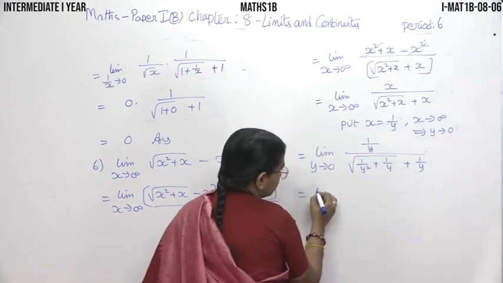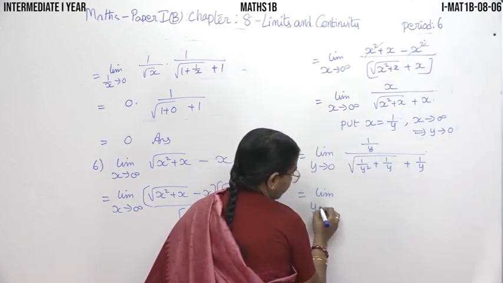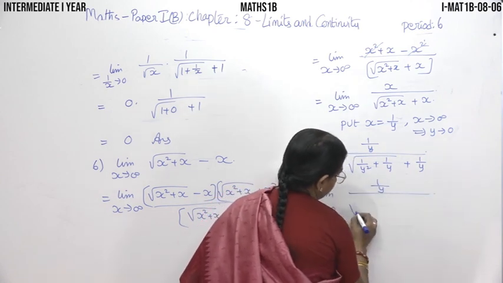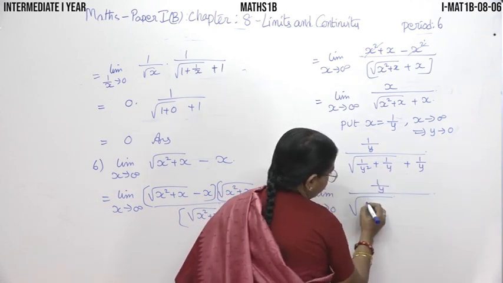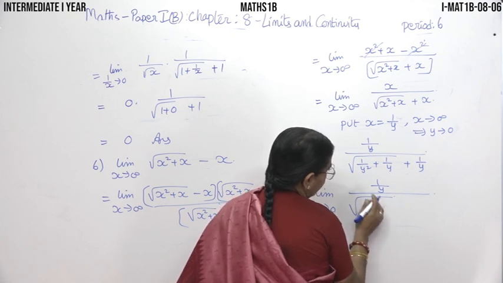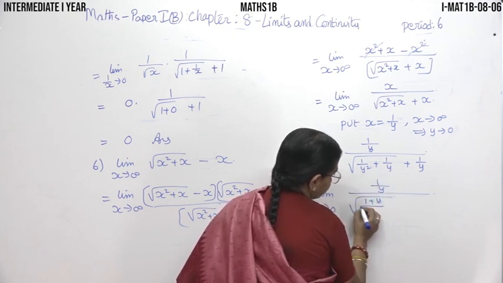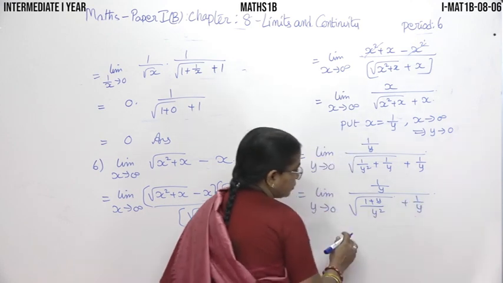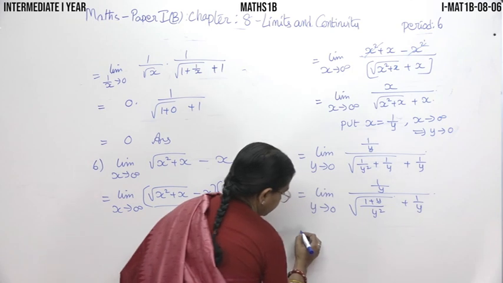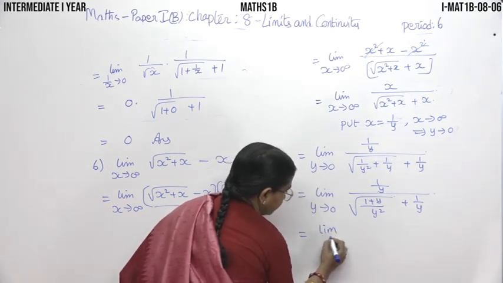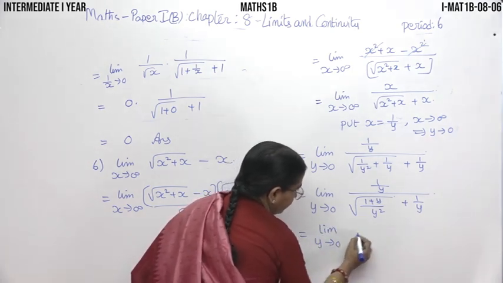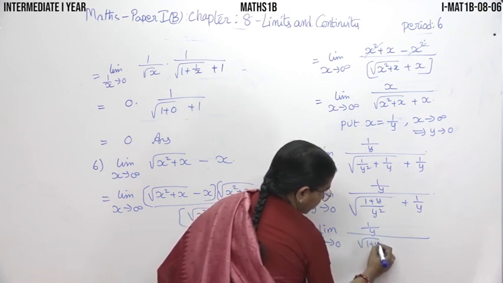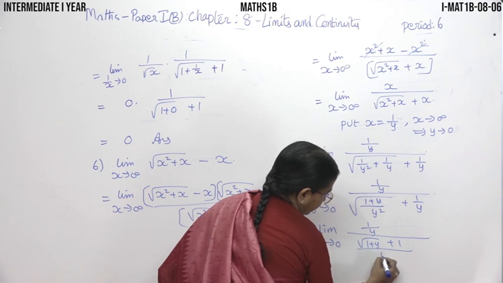So now this is limit of y tending to 0 of 1 by y by root of 1 plus y by y square plus 1 by y.